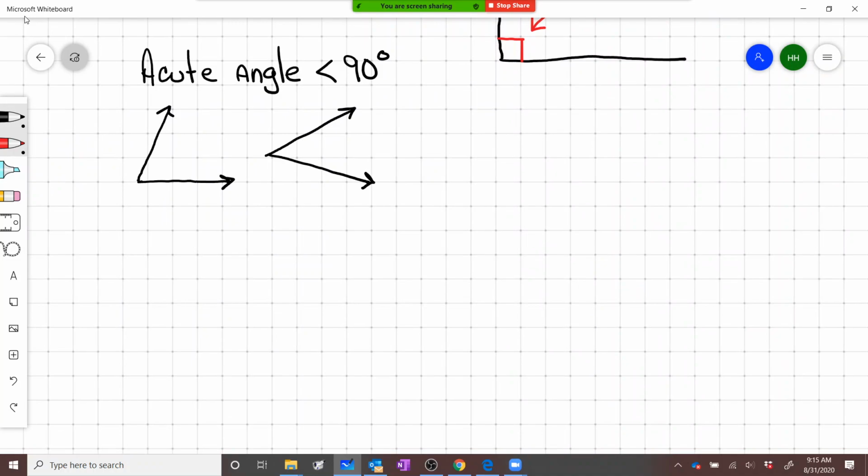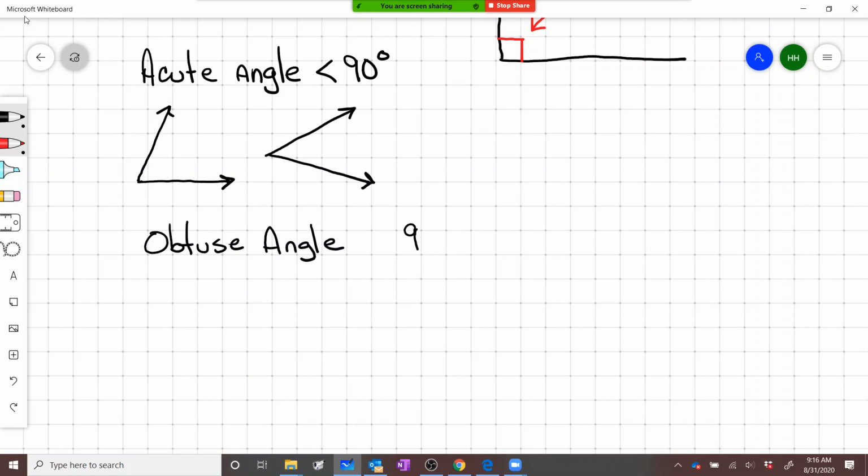And then we've got obtuse angles. An obtuse angle is greater than 90 and less than 180.